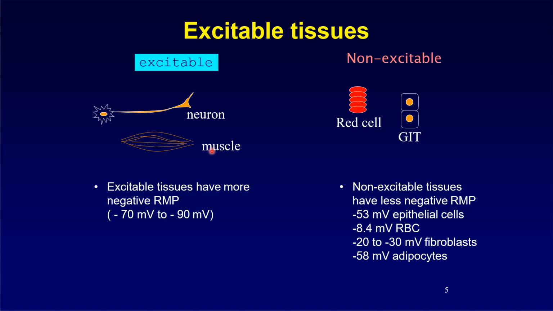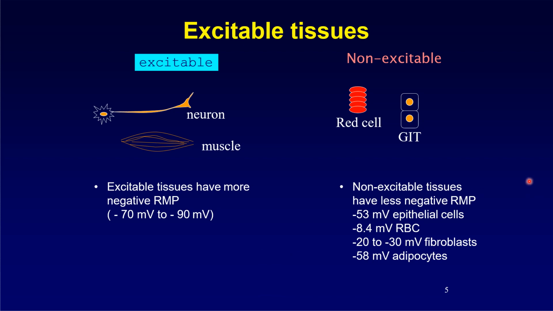They have a more negative resting membrane potential, minus 70 millivolts to minus 90 millivolts. The non-excitable tissues have a less negative resting membrane potential: minus 53 millivolts in epithelial cells, minus 8.4 millivolts in RBC, minus 20 to minus 30 millivolts in fibroblasts, and minus 58 millivolts in adipocytes.